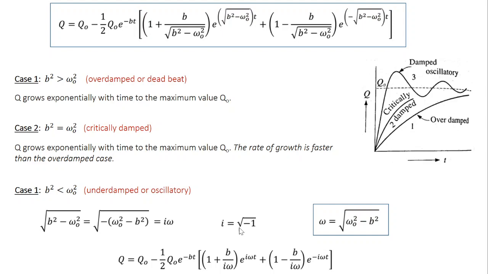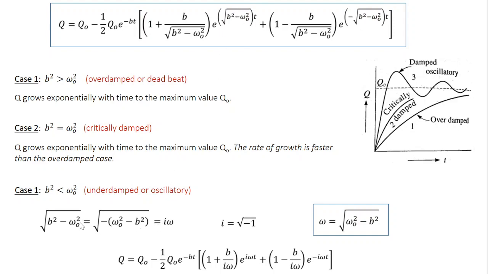And square root of minus 1, as we all know, is the imaginary number i, and square root of omega naught square minus b square, let me call this omega. Physically, omega is the frequency of the damped oscillator. So once you substitute these two, you can write square root of b square minus omega naught square equal to i omega.